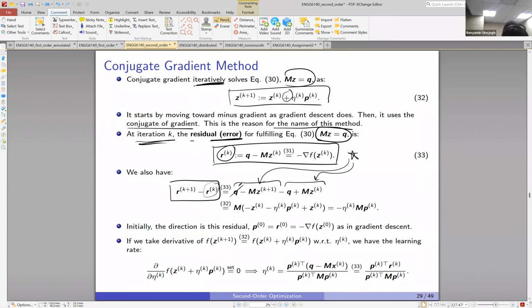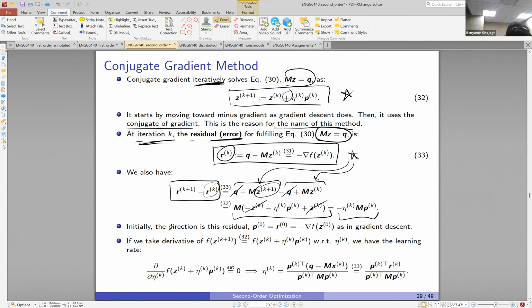Okay, these two q terms cancel each other, and I'm also substituting equation 32 for z k plus 1, and then these terms become based in terms of z k. And also these two cancel each other, so we'll have this. So the difference of residual is this between two iterations.